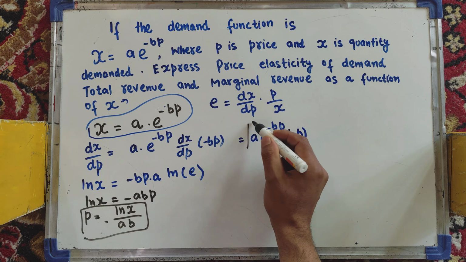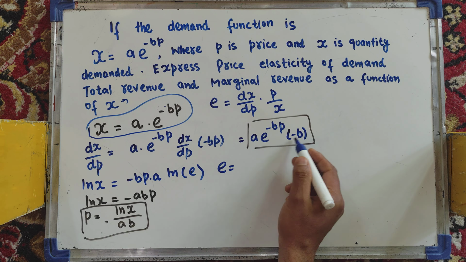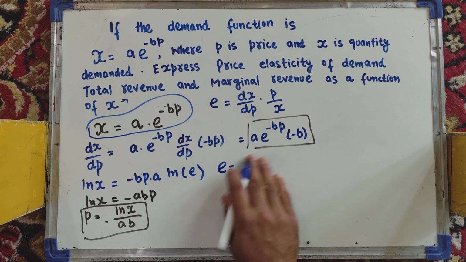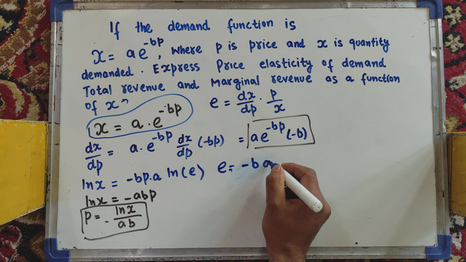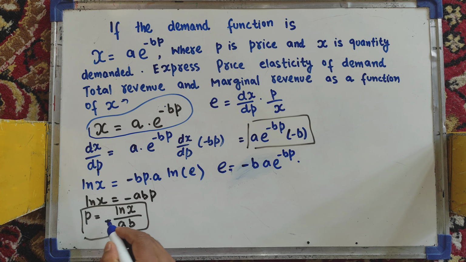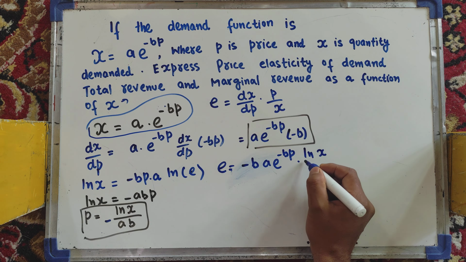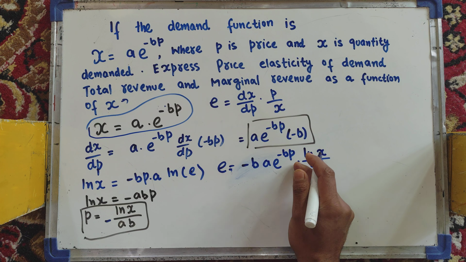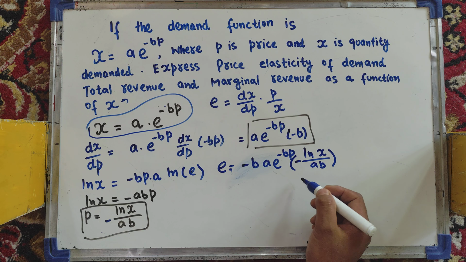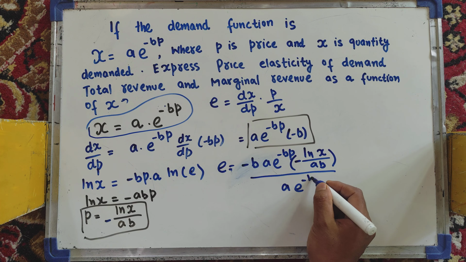Here we got dx upon dp, this term. So elasticity of demand will be equal to this term, so we have minus b times a e raised to the power minus bp times p, which is this very term, ln of x upon ab, and this is also negative here, divided by x. x is this term a e raised to the power minus bp.